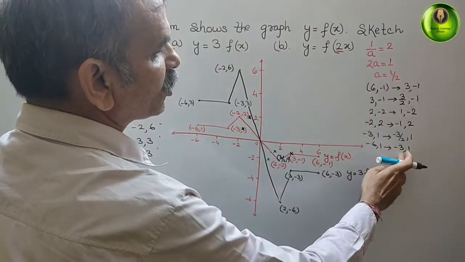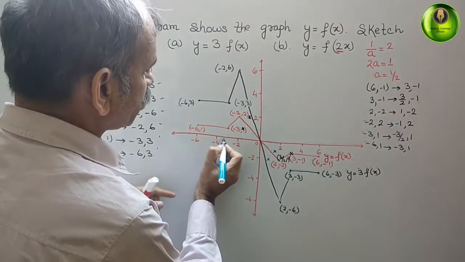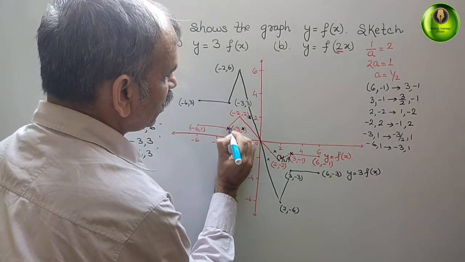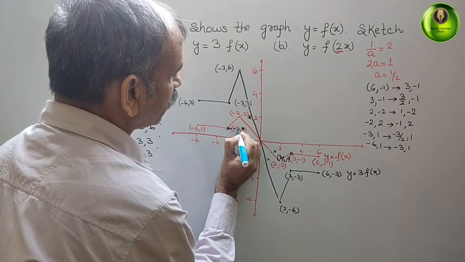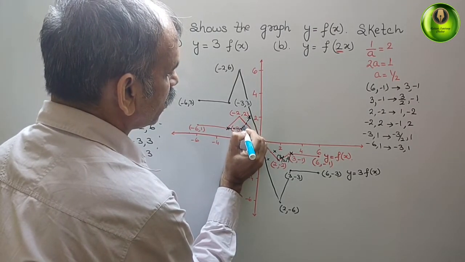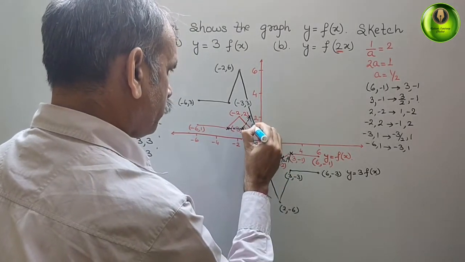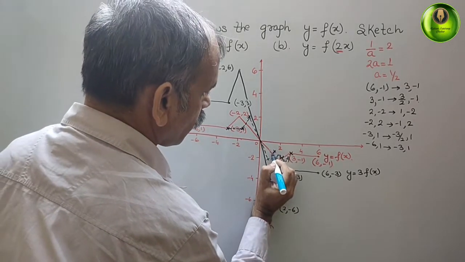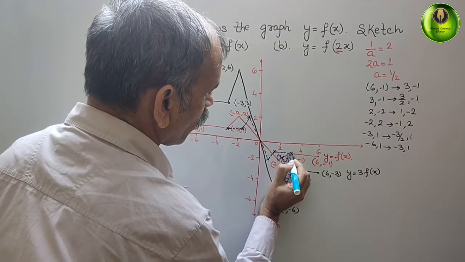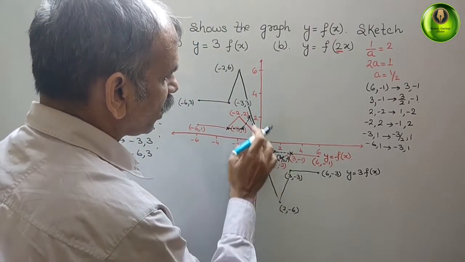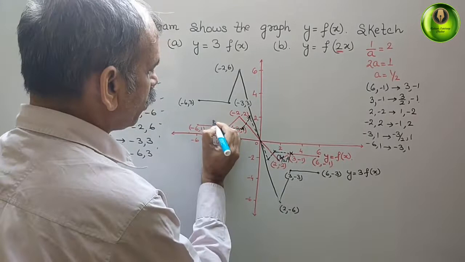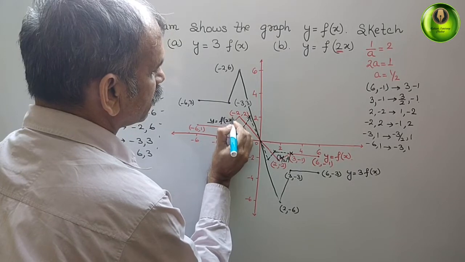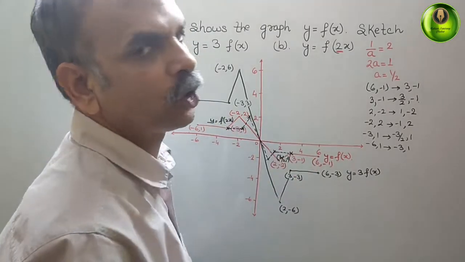Next, minus 3 comma 1 is here. Now if you draw, you can see it will be just like this. So whatever you got in the dotted line, that is your y is equal to f(2x). Like this you have to draw it.